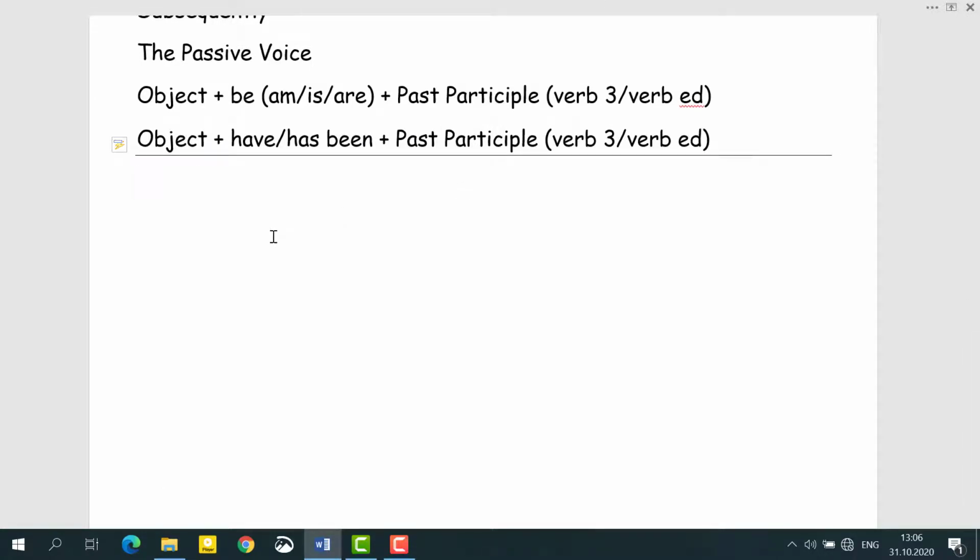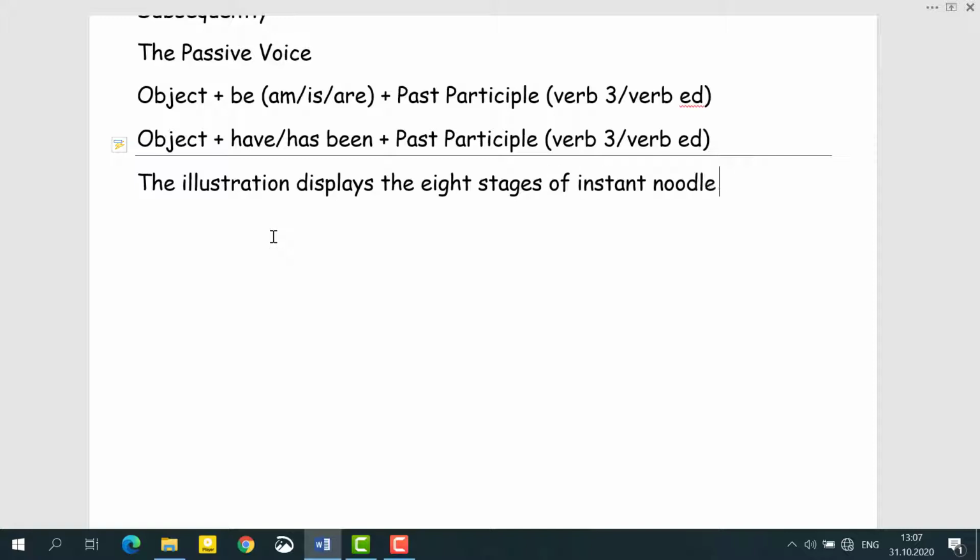So, the illustration displays the 8 stages of instant noodle production.